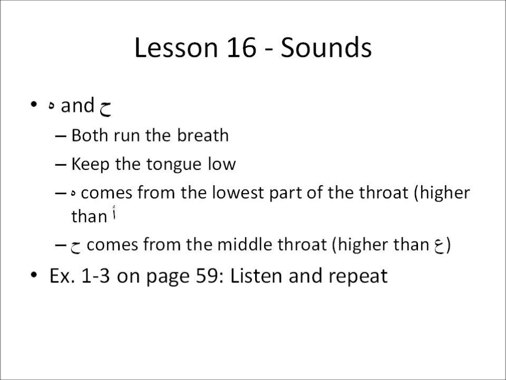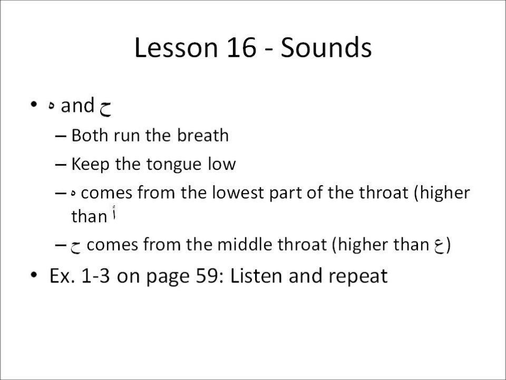And they are both throat letters, except the ha comes from the lower part of the throat, and ha comes from the middle of the throat, right above the letter ain, and ha comes higher than the letter hamza. And a useful trick to remember is a little rhyme: hamza ha, ain ha, ghain kha.